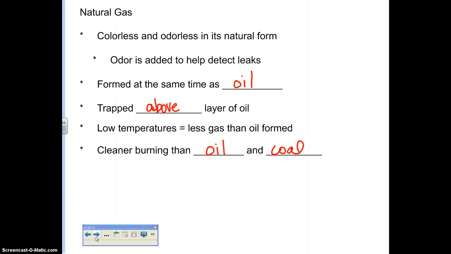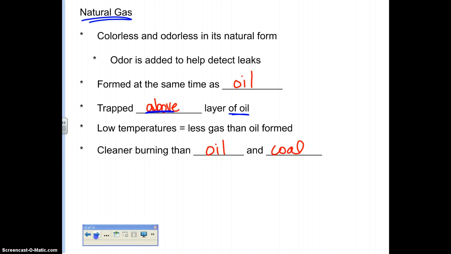Natural gas, colorless and odorless in its natural form. There's an odor that is added to help detect leaks, like in the chemistry classroom. We put scents into it, so you can smell if it is leaking. It is formed at the same time as oil, and it's trapped above the layer of oil. So natural gas is found above oil.